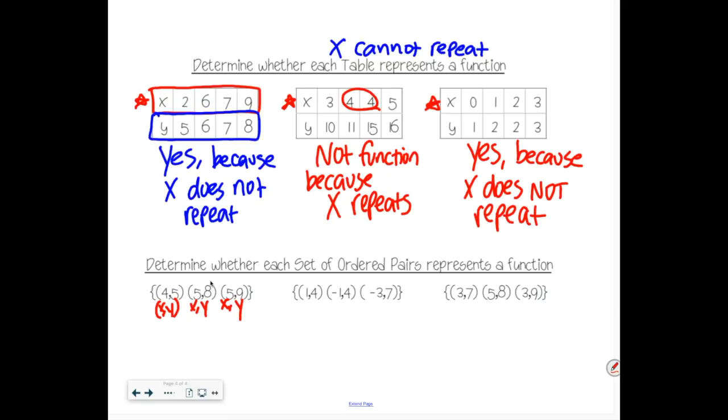The X repeated. We have a 5 as this X and a 5 as this X. So we already know, no, that's not a function because I have a repeating X. So go ahead and circle those. Not a function because X repeats.